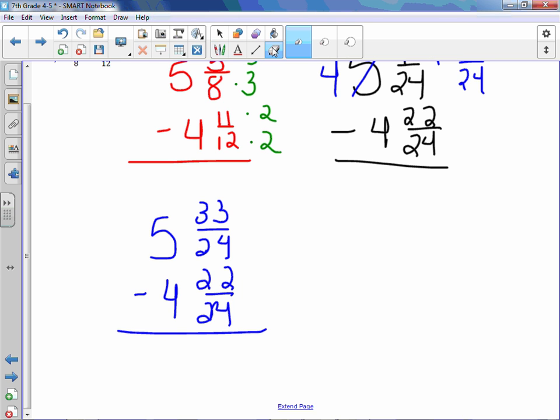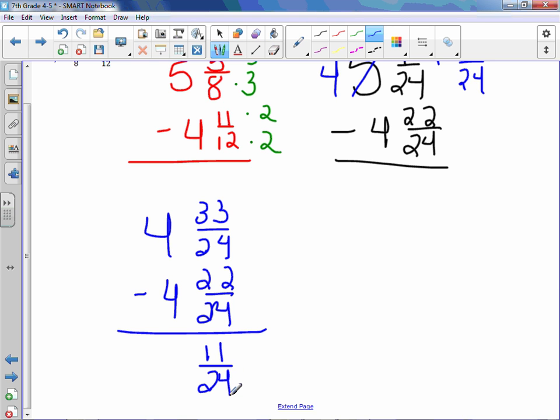Oops, and this would be a 4, not a 5. So I borrowed, I forgot about that. Okay, so 33 minus 22 is 11 over 24. And 4 minus 4 is 0. So our answer is 11 over 24.